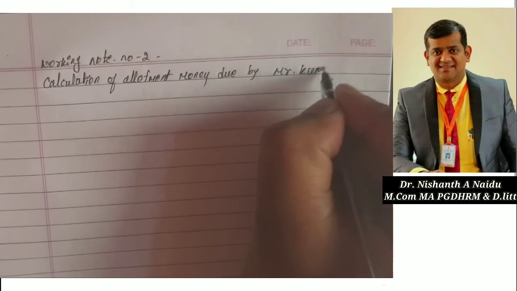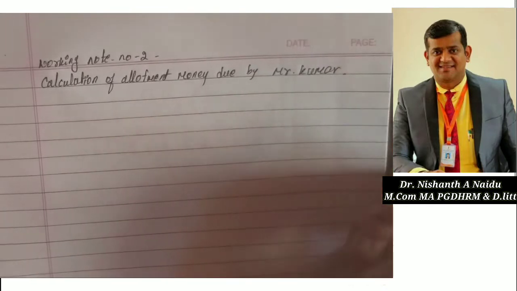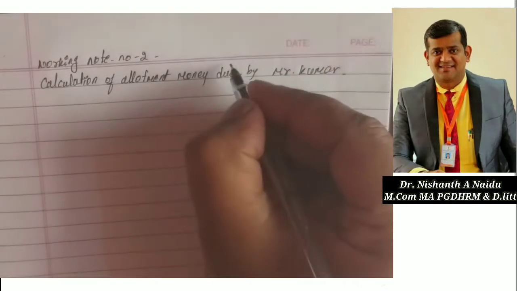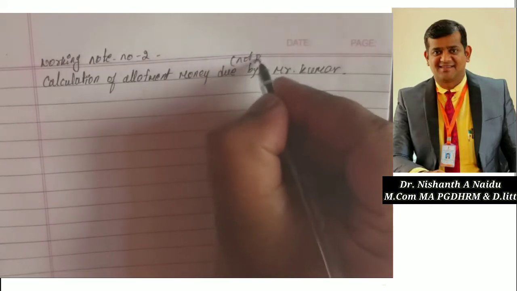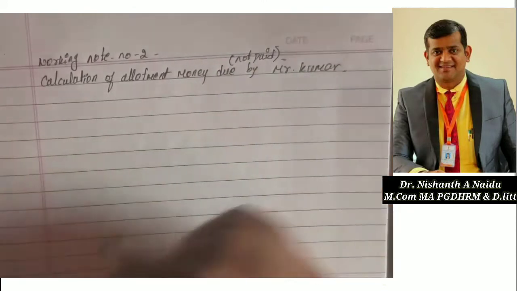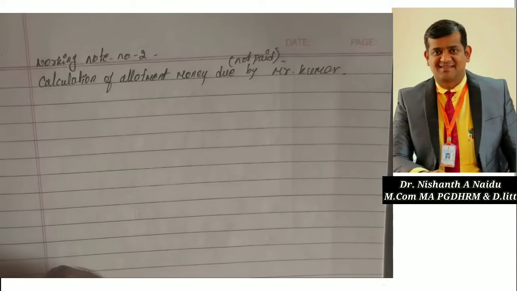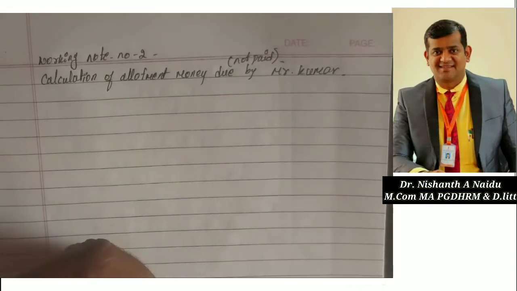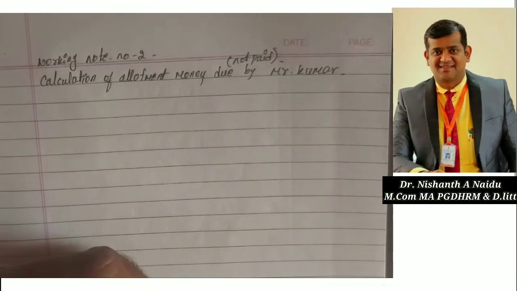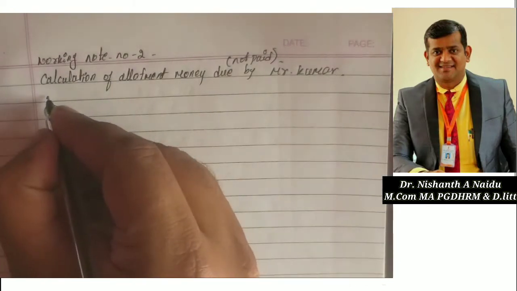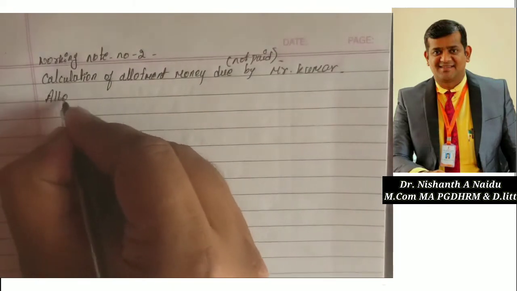That is nothing but the allotment money not paid by Mr. Kumar. Now we understood how much allotment money we are supposed to collect from him. So let us calculate that.